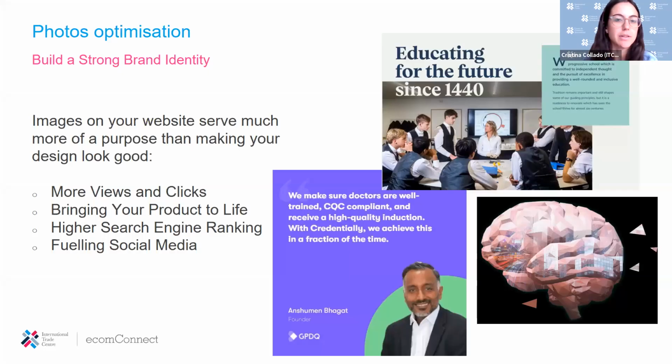So images, as you know, serve more than just design and looking good. They have other purposes. For example, images can help you have more views and more clicks. We're humans. We are very visual.